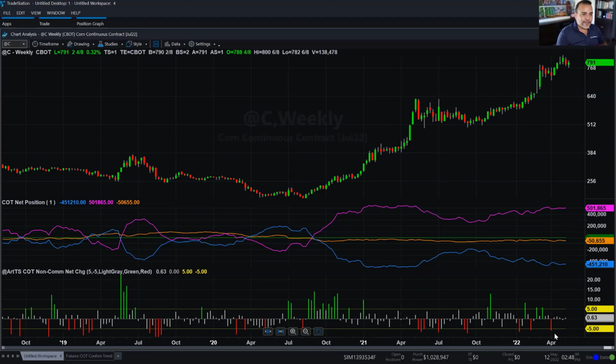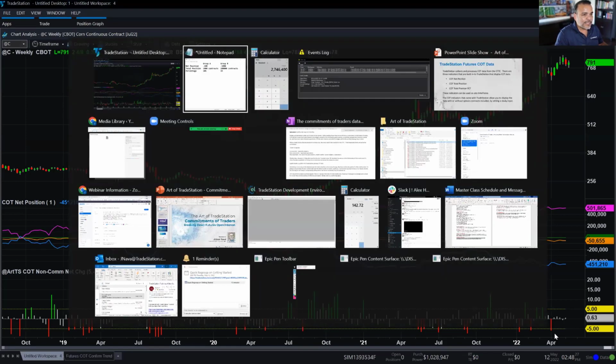Just an idea. I said before, if you already have a methodology, maybe that's exactly what you need to stick with. We don't do this in any way as a form of a recommendation, but it's a way of triggering your interest and maybe getting you to start thinking about commitments of traders in a different way. Let's go ahead and take a look at my PowerPoint.